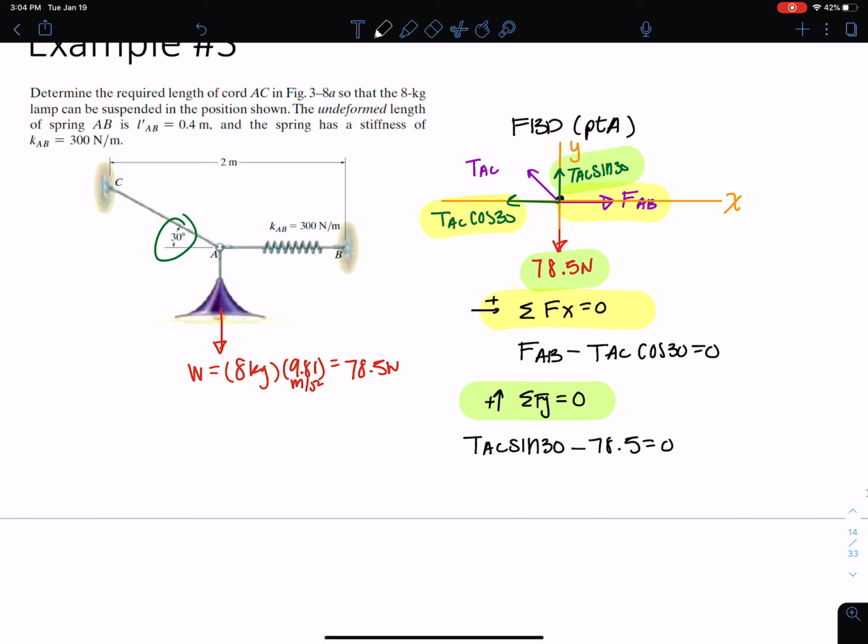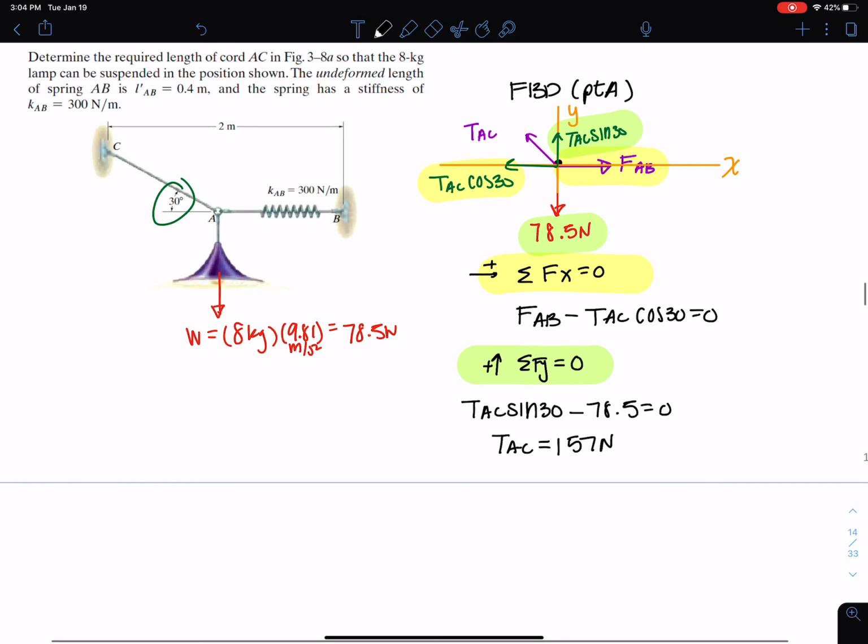So I can come directly and solve for TAC, and I get 157 newtons. And then I can plug that in and I can solve for FAB as 135.9 newtons.